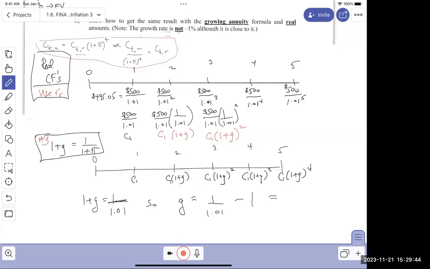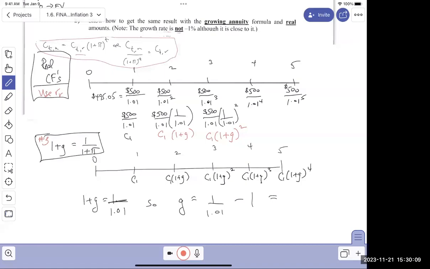So this is the diminishing rate or the erosion factor of your money. This is the rate at which it diminishes. It's negative.